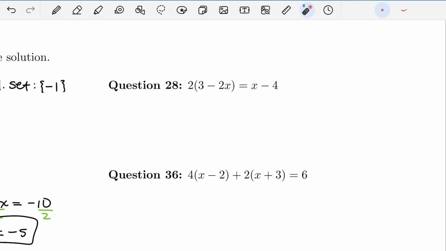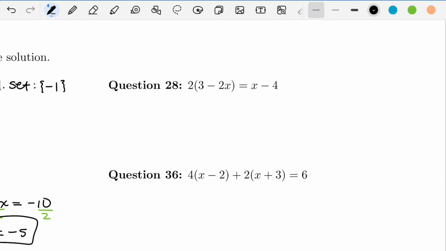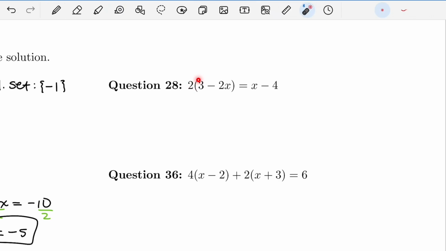Now in this case, what we're going to have to use is the distributive property in order to solve this. So what's happening here is this 2 is being multiplied by what's inside our parentheses. Normally, if we were just dealing with numbers, we would simplify what's inside our parentheses using PEMDAS, and then multiply this 2 to it.